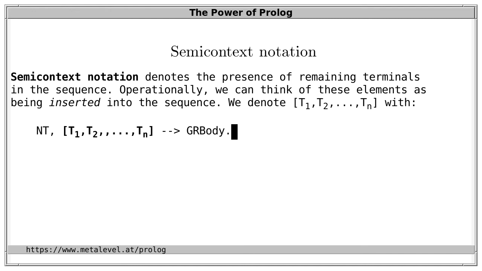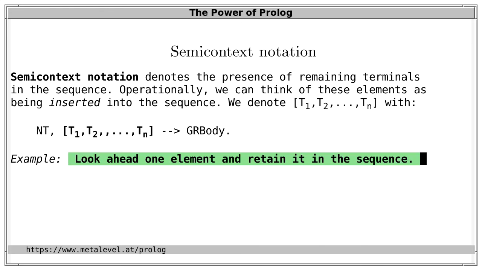So that's a specific form of a grammar rule head, where instead of only a non-terminal, we also have a semi-context. For example, let's define a lookahead of one element. Declaratively, this means that we describe that a specific element is present in the sequence and also remains in the sequence. And operationally, we can think of it as we consume one element and then insert it again.